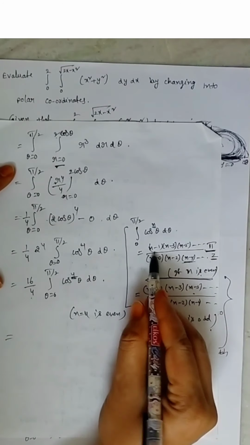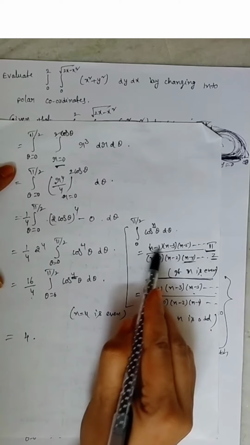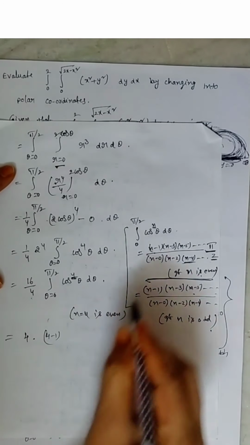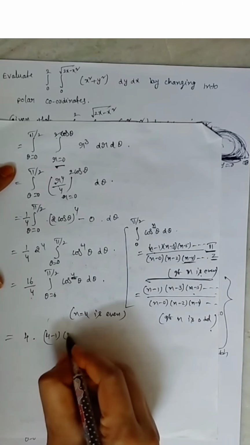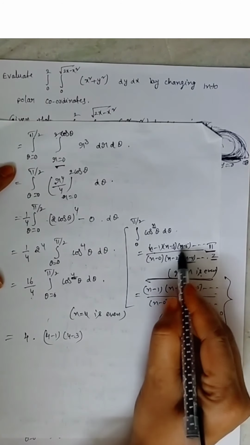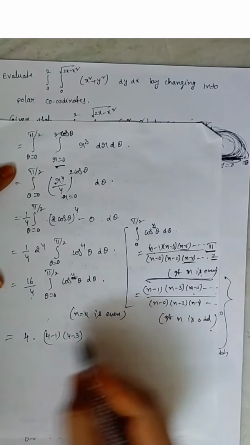n value is 4. So 16 by 4 means 4. n minus 1, 4 minus 1. 4 minus 3, positive value you are getting. 4 minus 5, you are getting negative value, so just you have to stop.